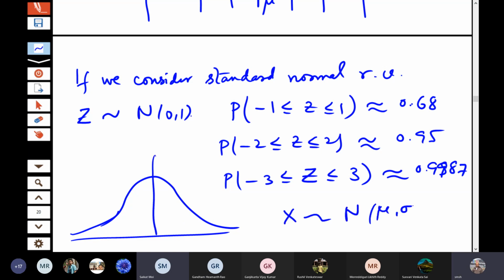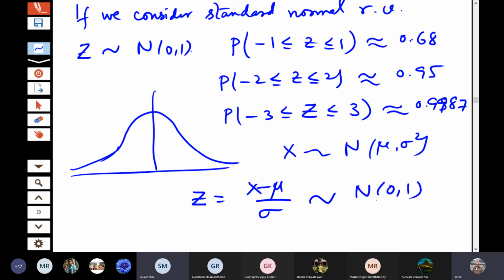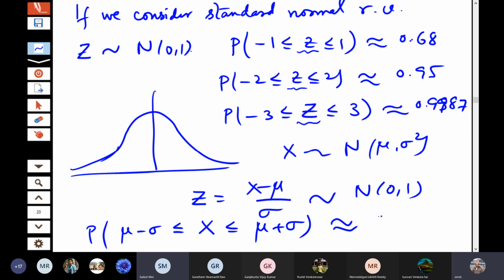Okay, so now if I am considering a general normal distribution, that is x follows normal mu sigma square, then z is equal to (x minus mu) by sigma. This follows normal 0 1. So here if I write (x minus mu) by sigma, then what are the statements I will get? Mu minus sigma to mu plus sigma is approximately 0.68.